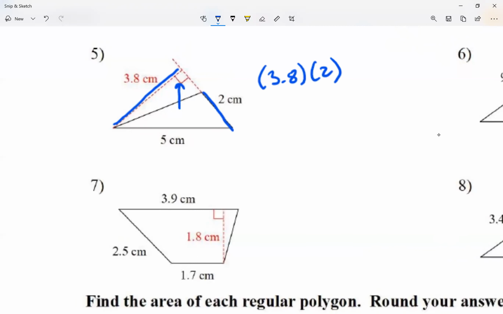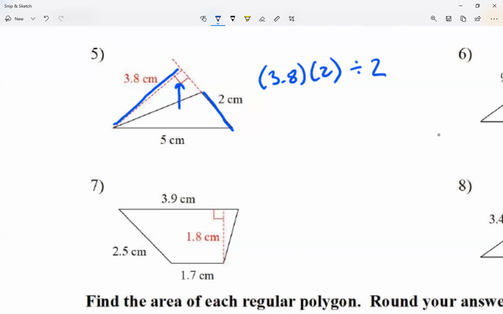To begin with, I multiply these two numbers out, 3.8 times 2. But I know that's a rectangle. For a triangle, let me divide my number by 2. I divided by 2 because I said a few minutes ago that a triangle is half of a rectangle. So I will always divide by 2.